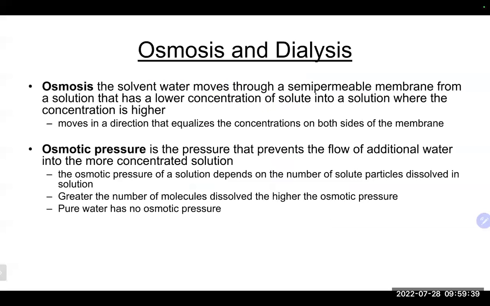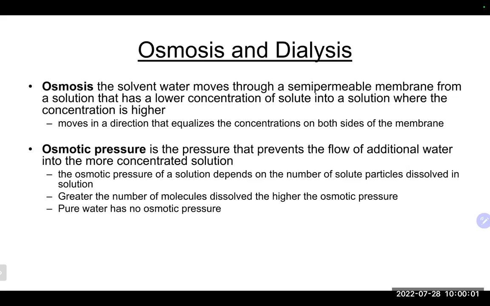So we talked a little bit earlier, when we talked about osmotic pressure, about osmosis, but officially osmosis again is basically that flow of solvent molecules from an area of lower concentration to an area of higher concentration. As I mentioned earlier, the idea is it wants to dilute everything down, so it flows into that more concentrated area.